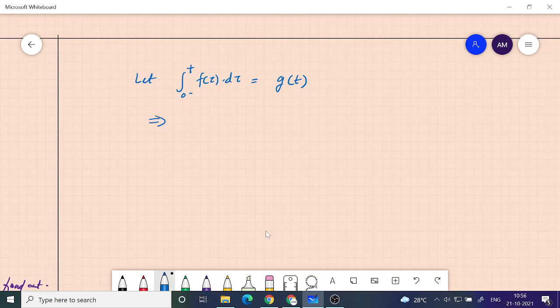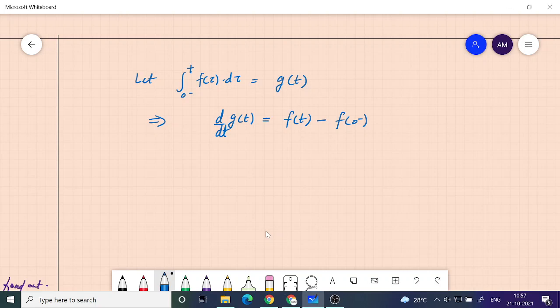Then what does that mean? d by dt of g of t is what? That is going to be f of t. More precisely, it is f of t minus f of 0 minus.